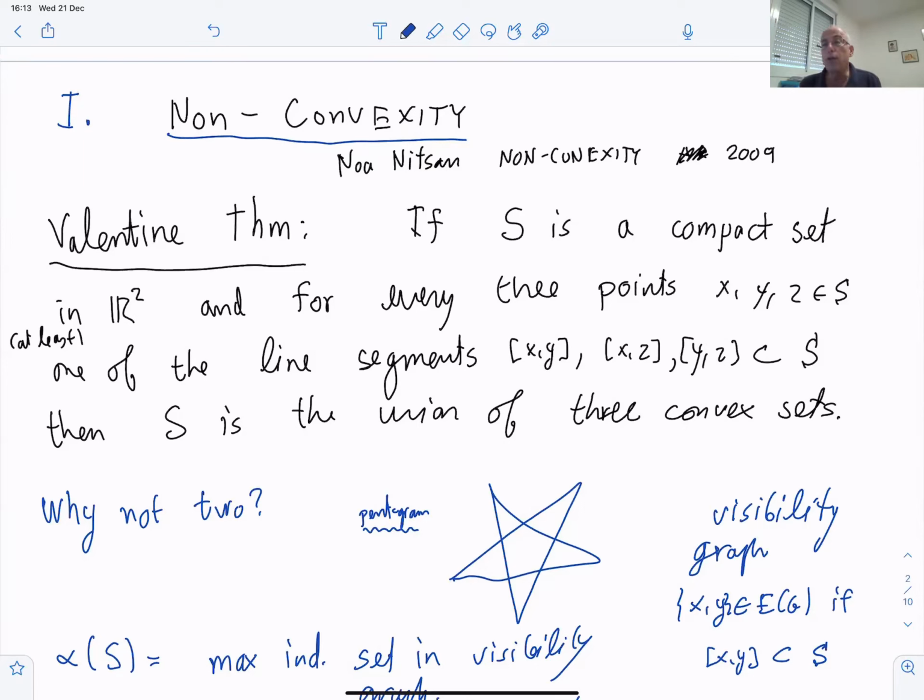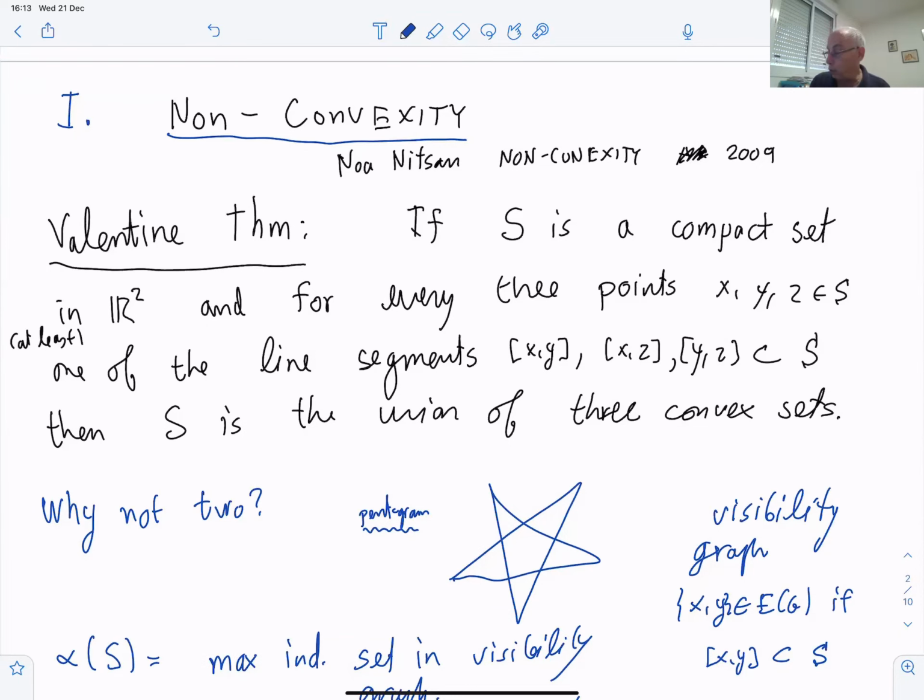If we have the union of 2 convex sets, then certainly it satisfies this condition, because if we have 3 points in the union of 2 convex sets, then 2 of them belong to one of the convex sets, and therefore the line segment between these two is in the set. But it turns out that it's not true that if you have this condition, then S is always the union of 3 convex sets.